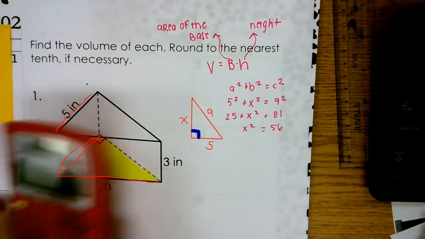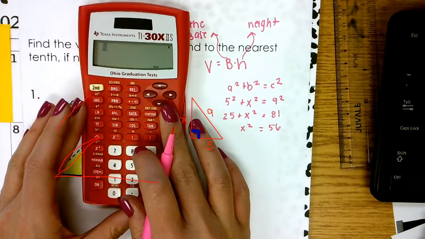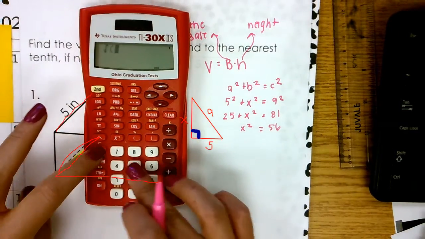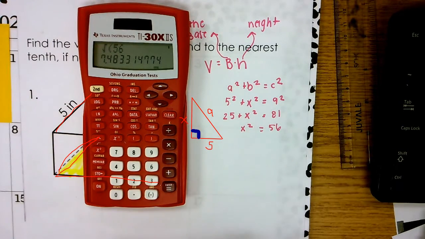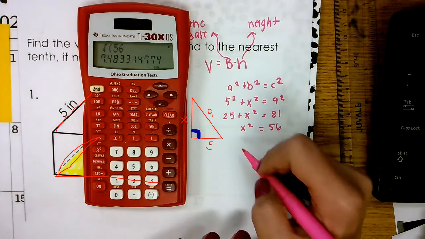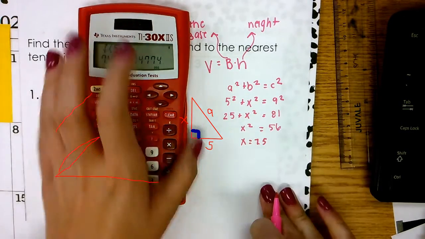But we want to know what x is, not x squared. So we are going to take the square root of 56, because the inverse of squaring something is to take the square root. And our problem said to round to the nearest tenth, so the square root of 56 would be 7.5 when we do rounding. So x equals 7.5.